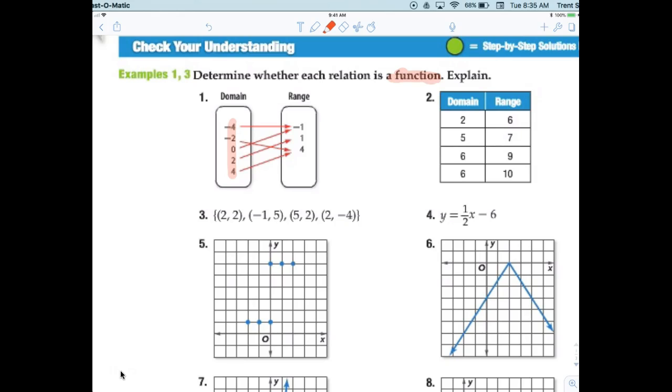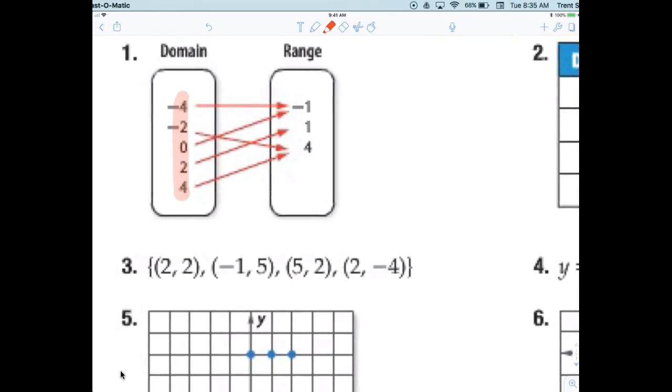Number one, is that a function? No. Somebody else? Yes. Why? Because there are more than two that have the same. Well, here's what I want you to tell me. Every single x goes to what?